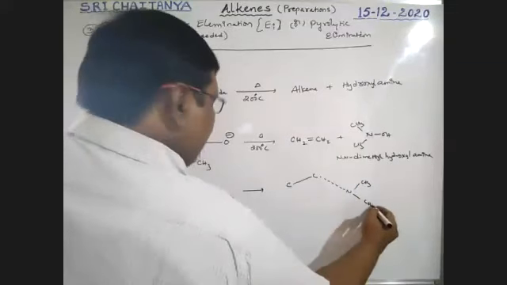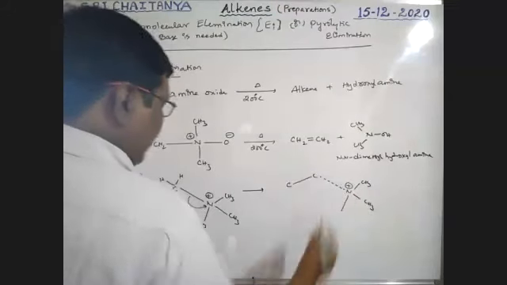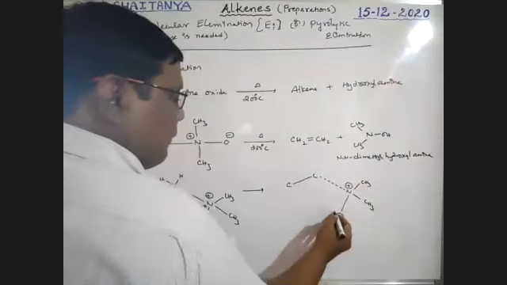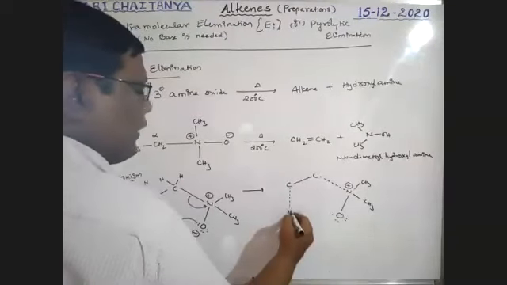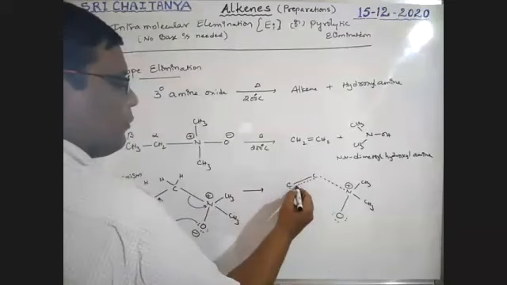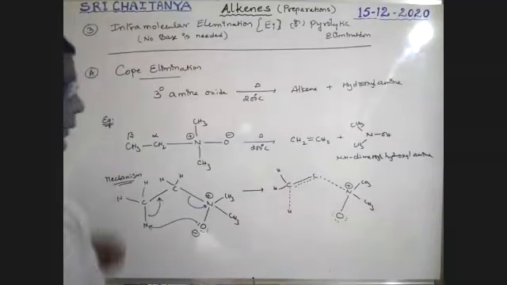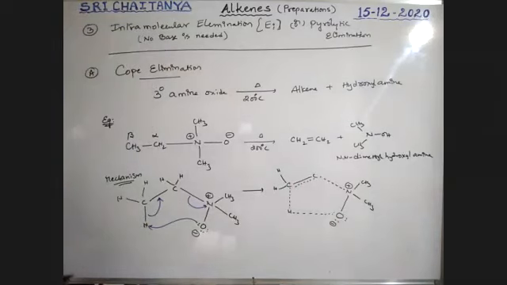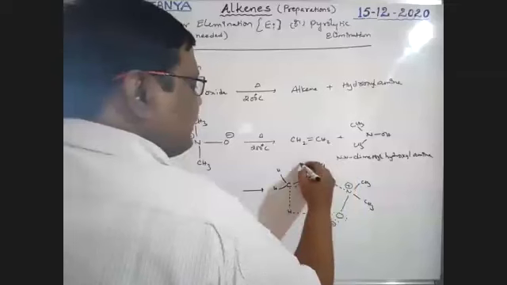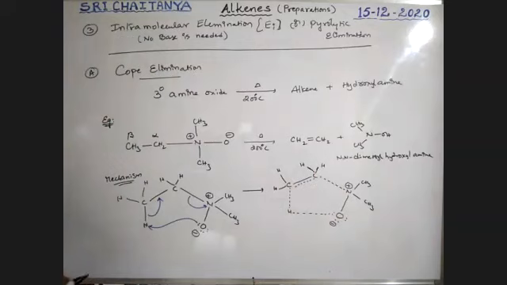CH3, CH3, this is plus, boys. Here nitrogen, oxygen with 3 lone pairs. This bond is going to break. Here a new bond is going to be formed. Between these 2 a new bond is formed. These 2 hydrogens are as they are.